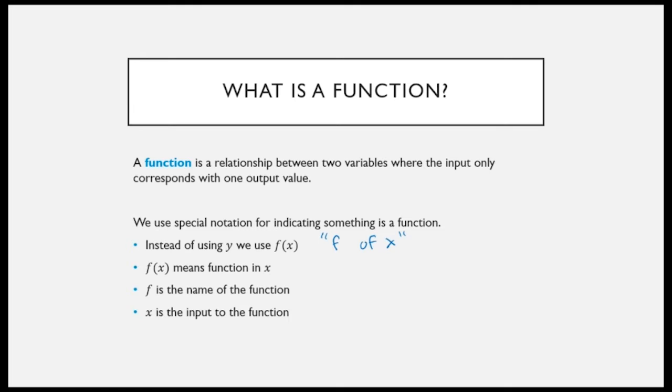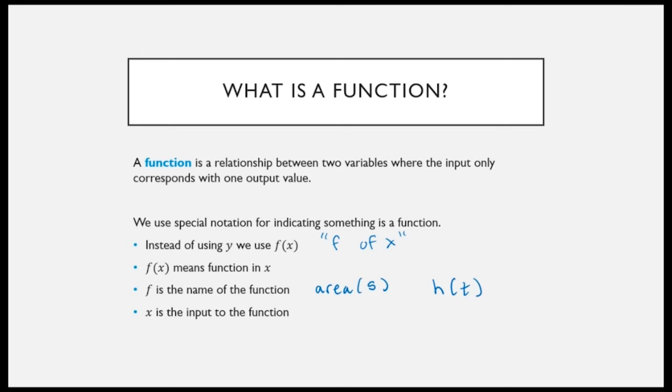But you can use names. So you can have area as a function, and instead of x, you can use a different input like s if it's an area of a square. We can use H for height, and then your input, t for time.